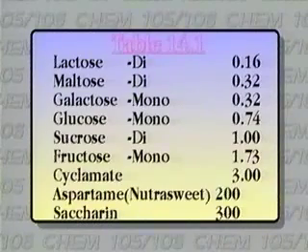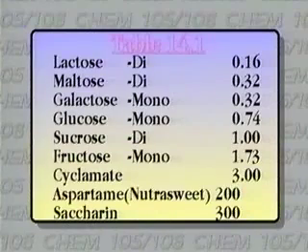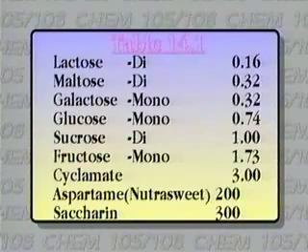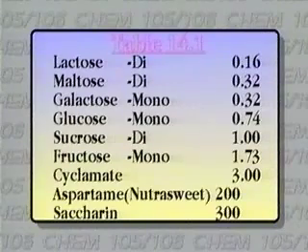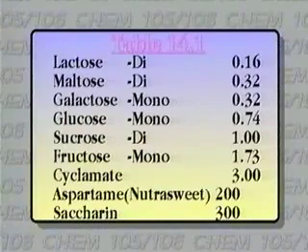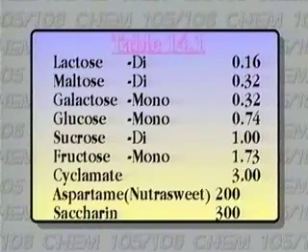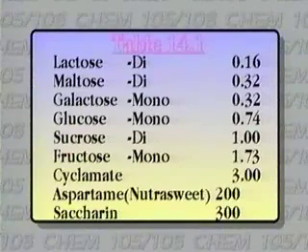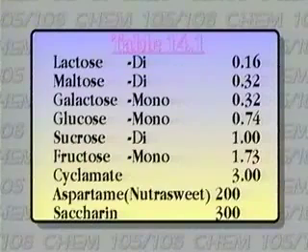We see that fructose or fruit sugar, this is a monosaccharide. So let's identify the ones here: sucrose is a disaccharide, fructose is monosaccharide, glucose mono, galactose mono, and then di and disaccharides.